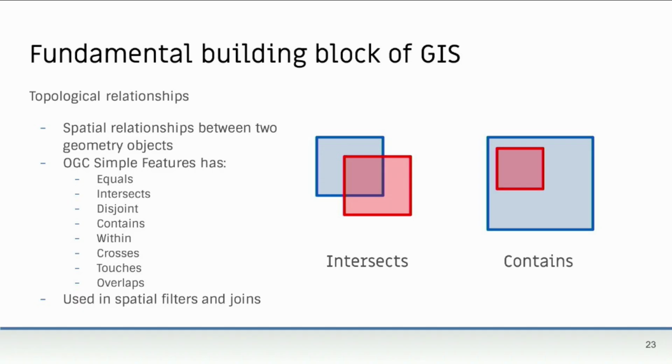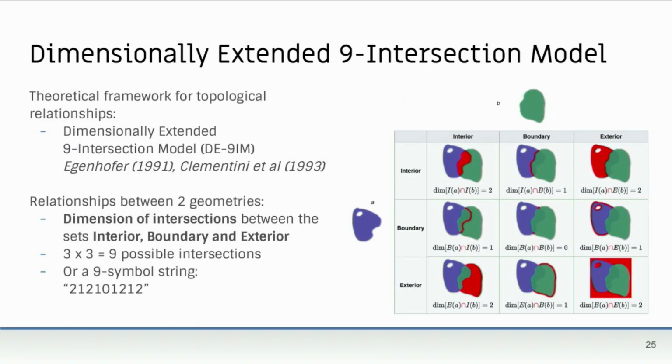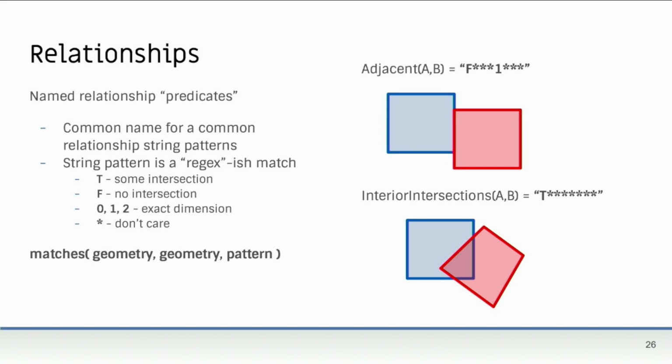The fundamental building block is relationships. Just like our connections here at FOSS4G, we need to be able to know how two geometries interact. And the math behind that is called point set theory. So this is the math behind whether something's inside or outside or on the boundary between two geometries. And that's done using something called the Dimensionally Extended 9 Intersection Model, or DE-9IM. I won't bore you with that.